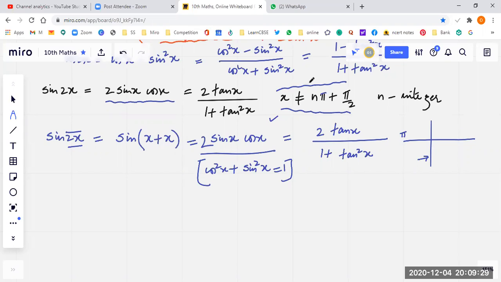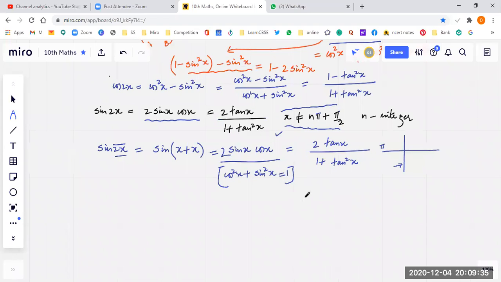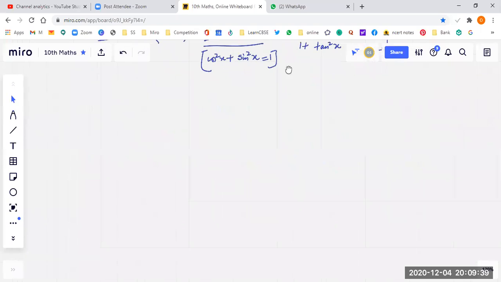All right, now comes the next formula. Call them formulas, call them identities, it all depends upon you.